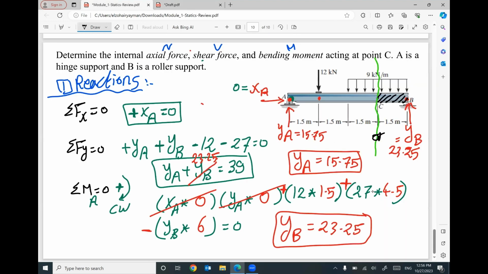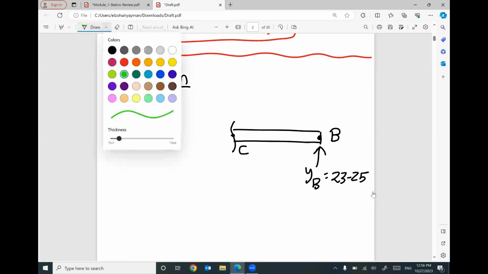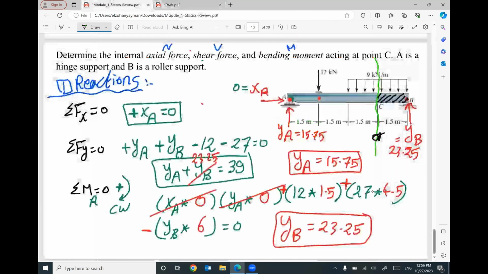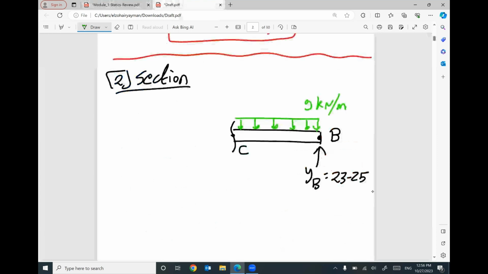On this little part, I have part of the distributed load, 9 kilonewton per meter. Keep in your mind that this part has a length equal to 1.5 meter.